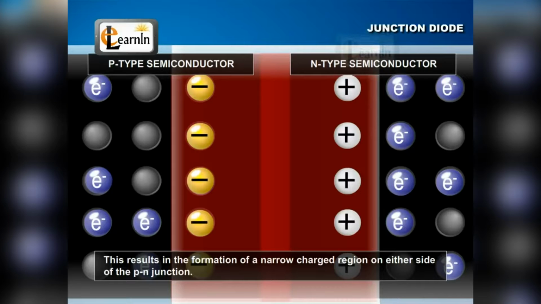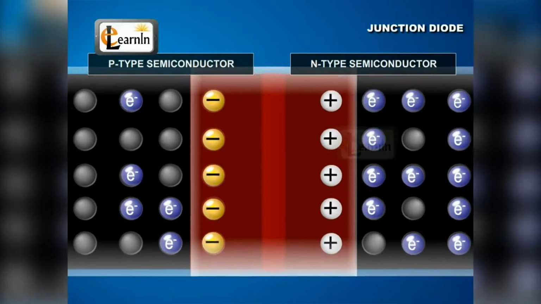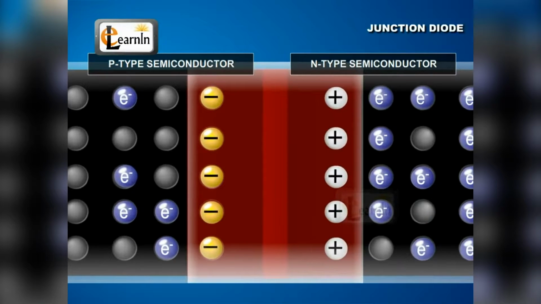This results in the formation of a narrow charged region on either side of the PN junction. The n-type semiconductor close to the junction becomes positively charged, and the p-type semiconductor close to the junction becomes negatively charged. On either side of the junction, the region D becomes free from mobile charge carriers. That is to say, on the n-type side of D, no free electrons exist, and on the p-type side of D, no holes exist. In the region of D, only immobile donor and acceptor ions exist.